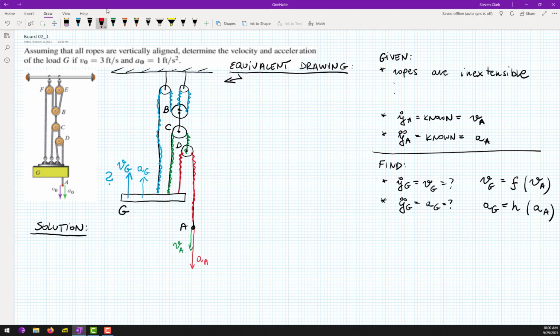The red rope will have length L1, which is constant because these ropes are inextensible. Rope number 2 has constant length equal to L2. And the blue rope's length is also constant. There will be a 4th rope, but it will come into the picture in a second.